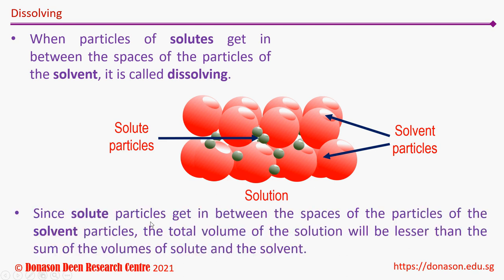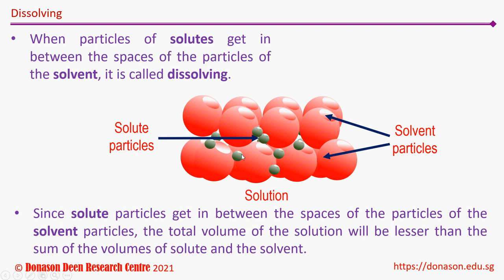Since solute particles, the green colored ones, get in between the spaces of the particles of the solvent, the total volume of the solution will be lesser than the sum of the volumes of the solute and the solvent. If we take 50 cm cube of sugar and try to dissolve it in 50 cm cube of water, we can't add 50 plus 50 and get 100 cm cube of sugar solution.